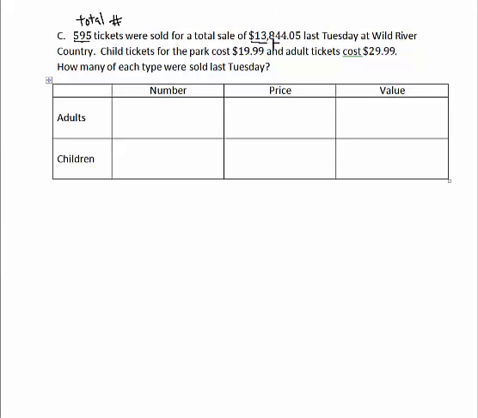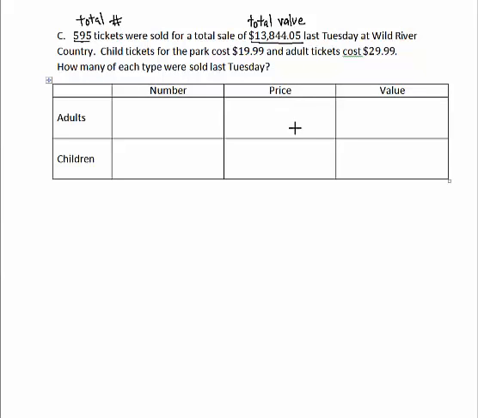This number here is the total value. Then they go on to tell us that the children's tickets are $19.99 each and the adult tickets are $29.99 each. How many of each type were sold last Tuesday?